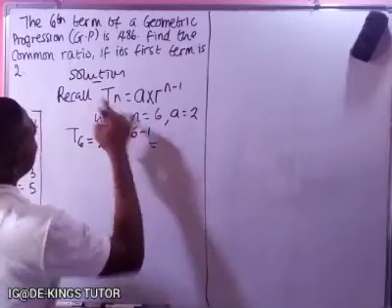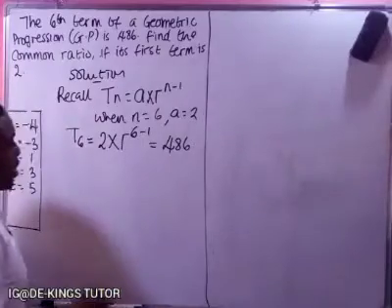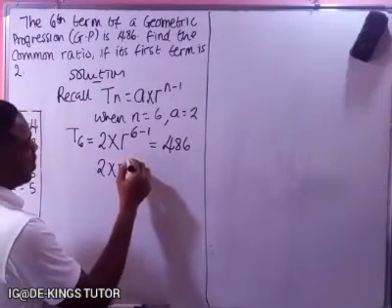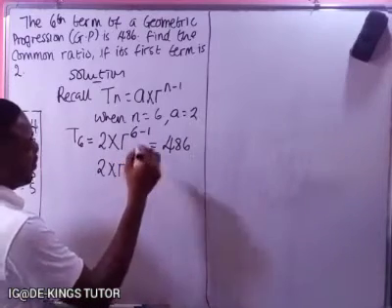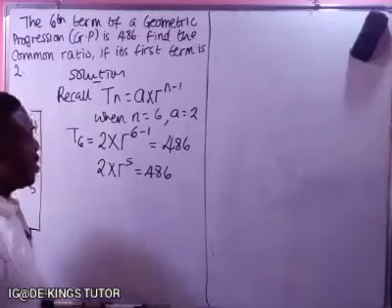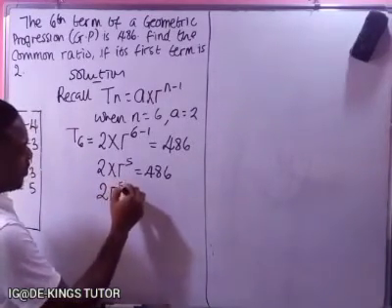Now they said this sixth term is what? 486. So we have 486 here. Okay, so we now have 2 times r raised to power 6 minus 1, which will give us 5, equal 486.